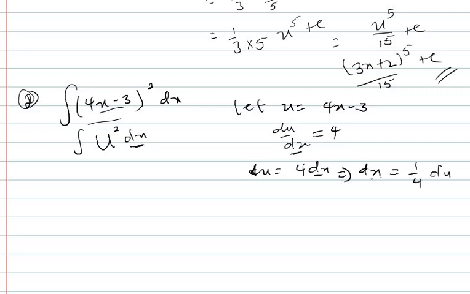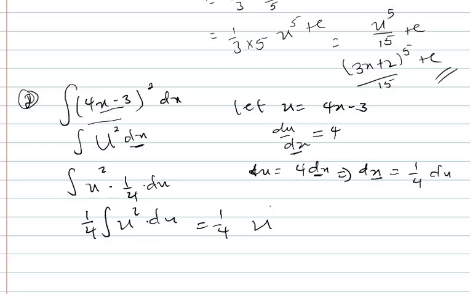Since we have the dx, we can replace it here, saying the integral of u squared, where our dx is 1 over 4 du. So from here we can take 1 over 4 outside. That's 1 over 4 integral of u squared du.